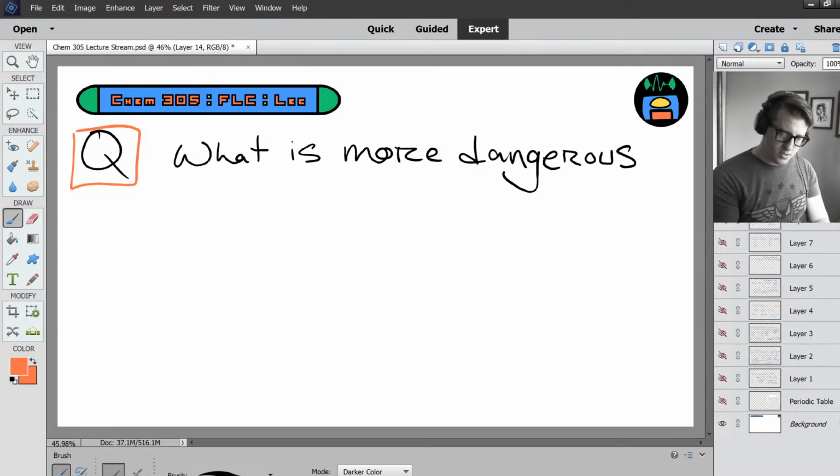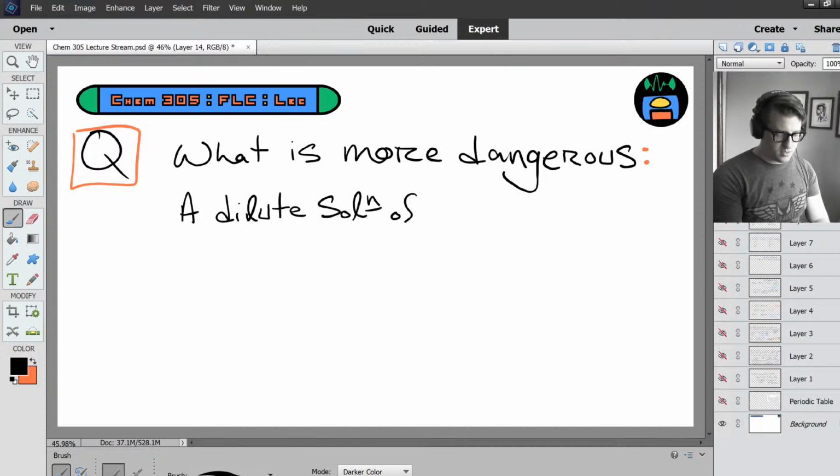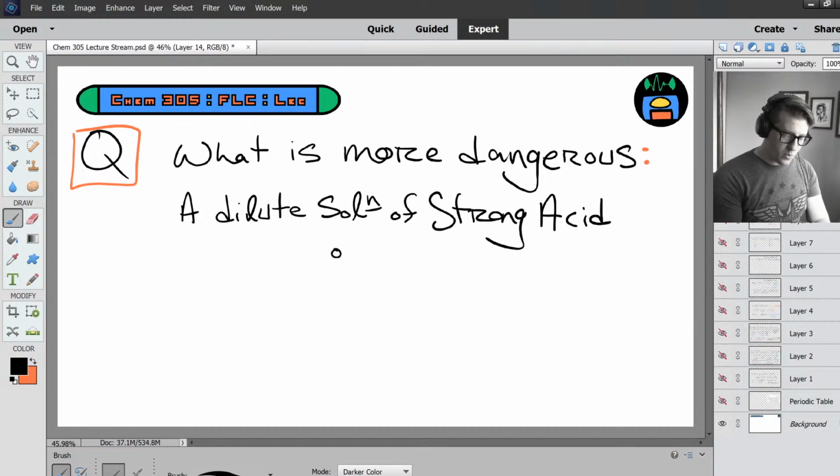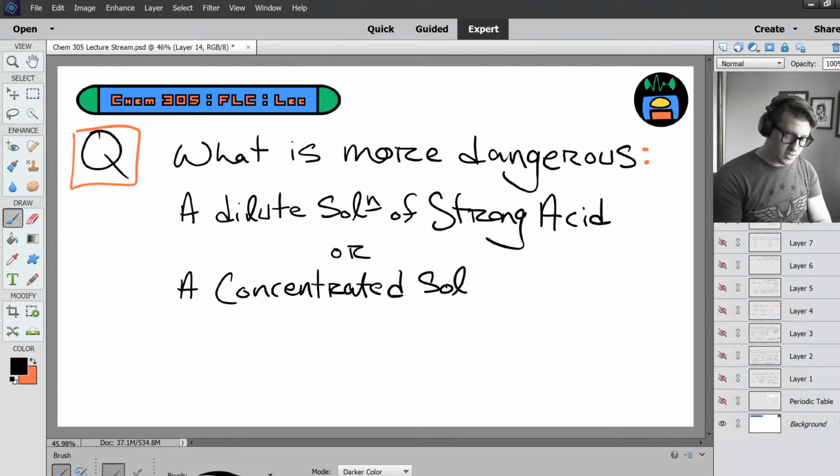Which is more dangerous? A dilute solution of strong acid or a concentrated solution of weak acid.